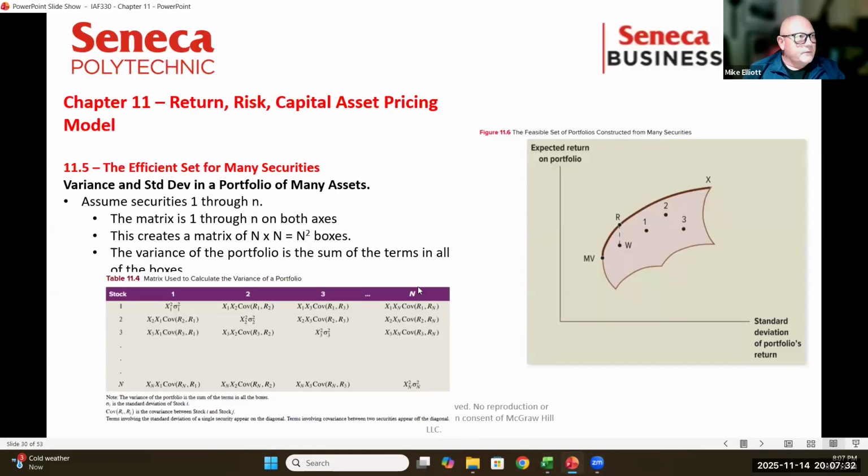more portfolios. And the problem is, if you have n portfolios, you can have a matrix that has n squared boxes in it. The good news is, one entire axis of these boxes are identical.